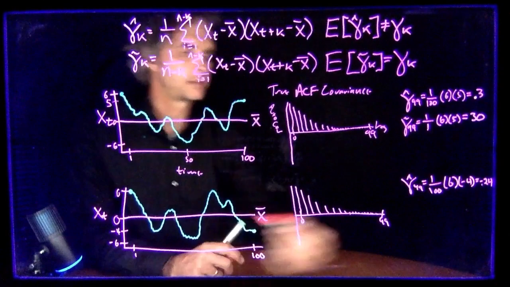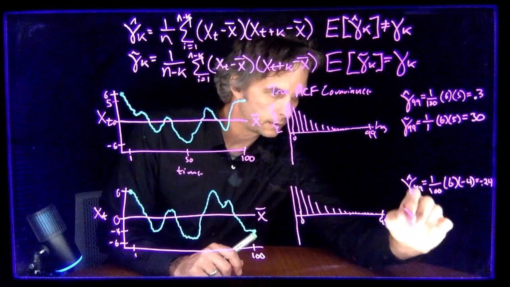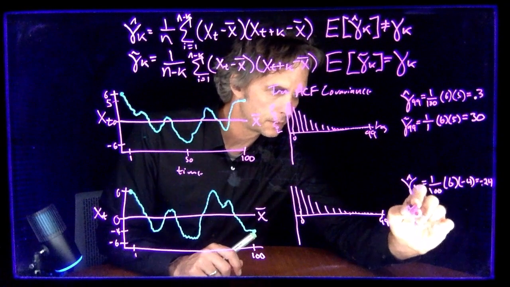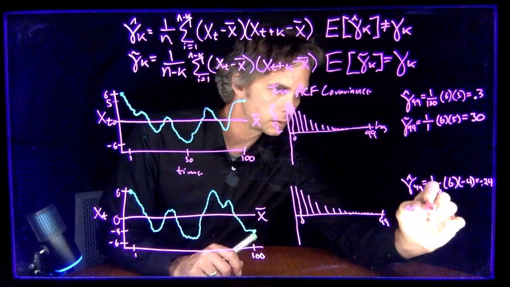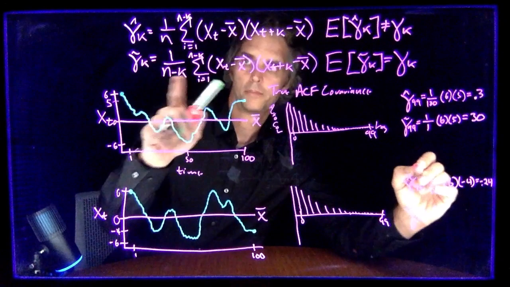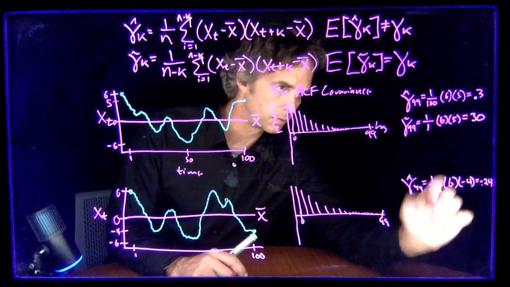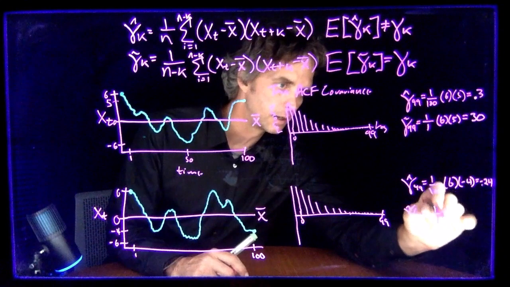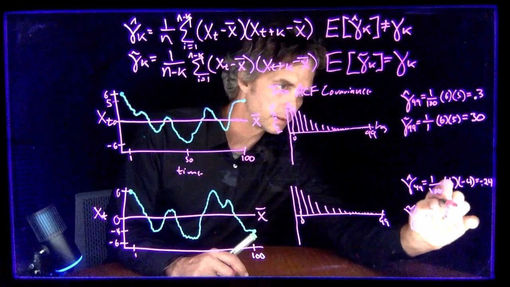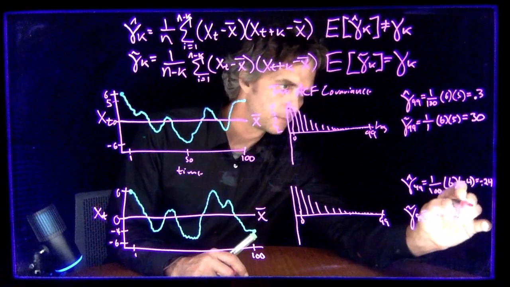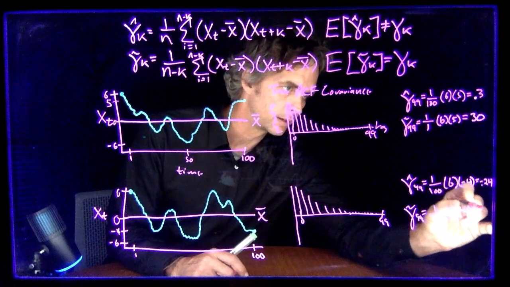Okay, great. That seems kind of reasonable. And then let's compare it to gamma tilde 99, which equals 1 over n minus k, which is 1 over 100 minus 99, 1 over 1. So whatever we see here is what that estimate is going to be. That's 6 times -4, which of course is -24.